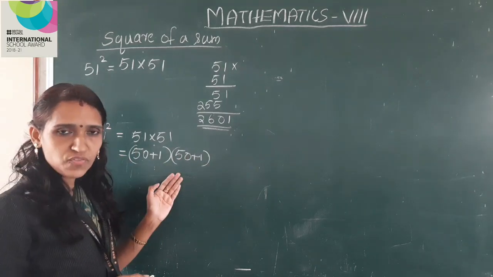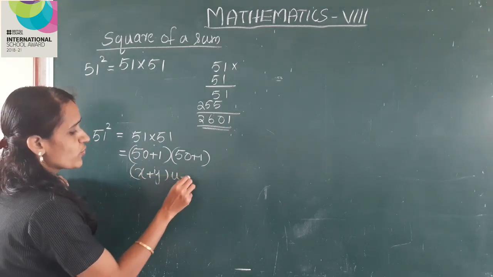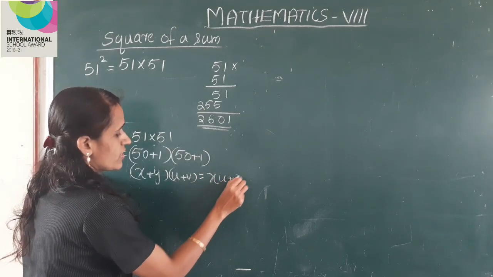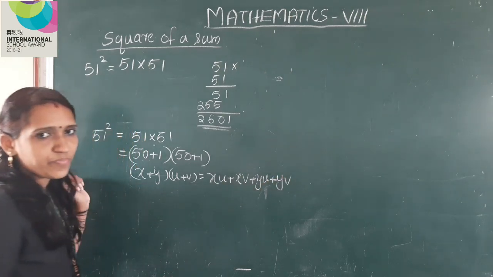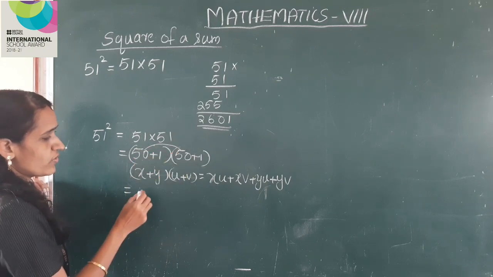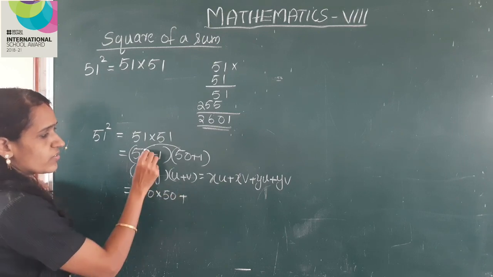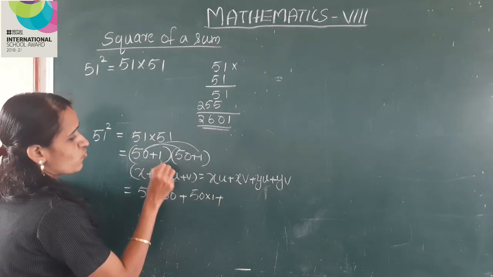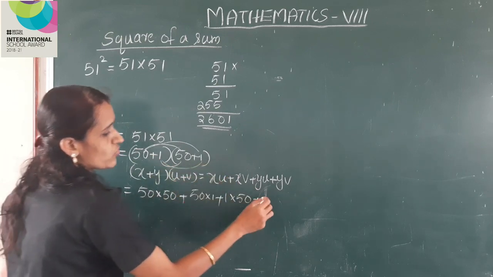Here, using the first identity, x plus y into u plus v is equal to xu plus xv plus yu plus yv. Here x is 50: 50 into 50 plus 50 into 1 plus 1 into 50 plus 1 into 1.